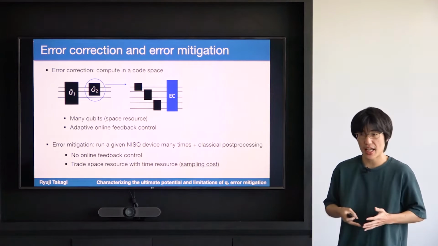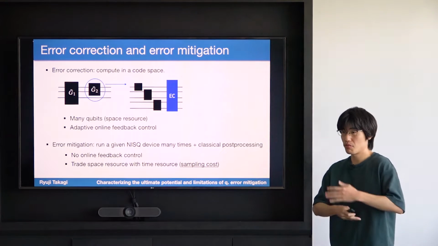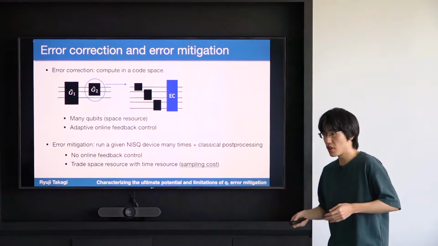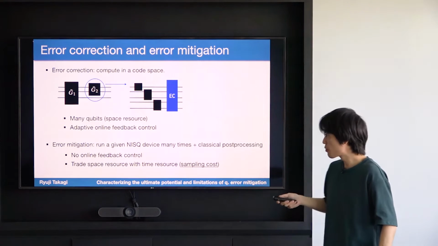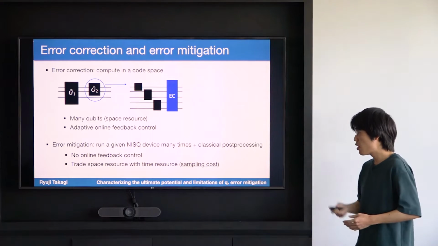This itself is classical information. So as long as we can get out such an objective function, that should be fine. This is the idea of error mitigation. It typically does not require online feedback control.